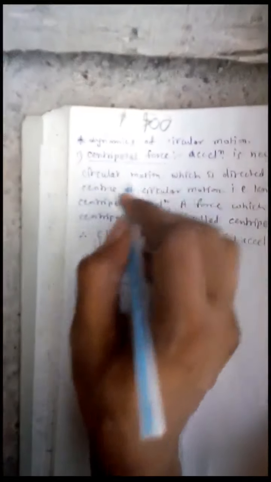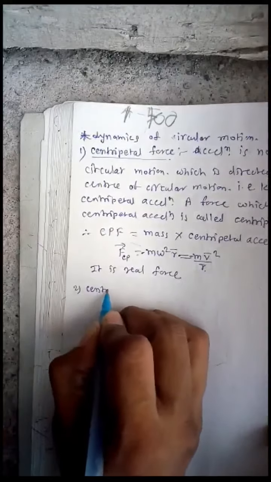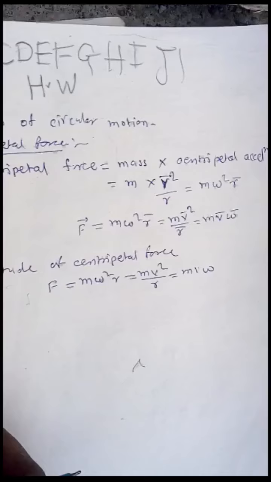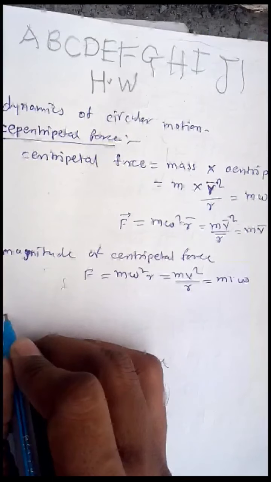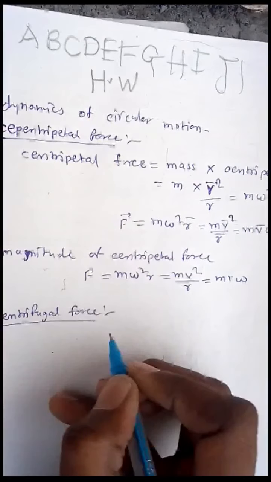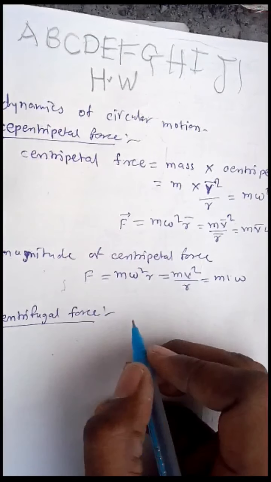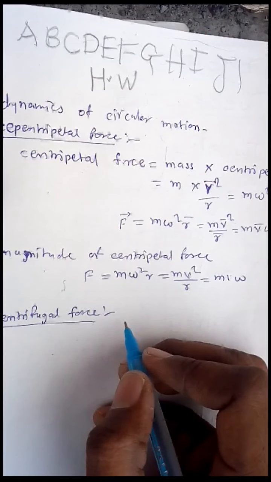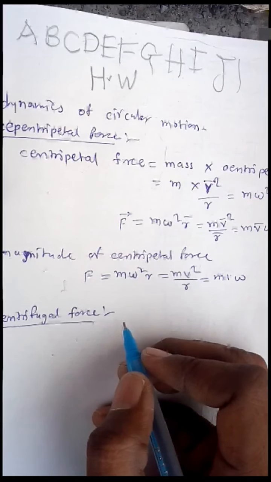So the first part of dynamics of circular motion is complete. Next, second, centrifugal force. Imagine we are on a uniformly rotating merry-go-round and you are closing your eyes.